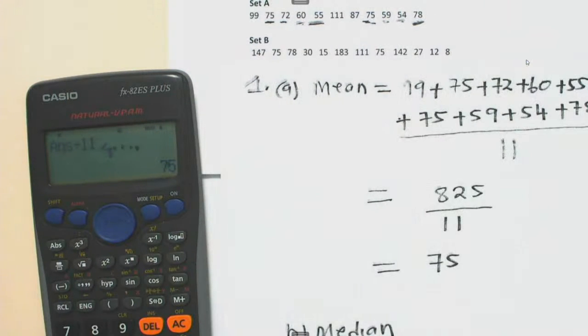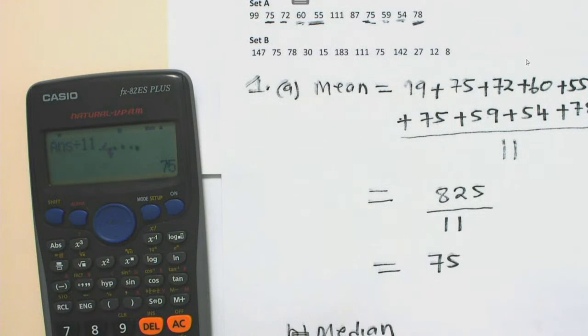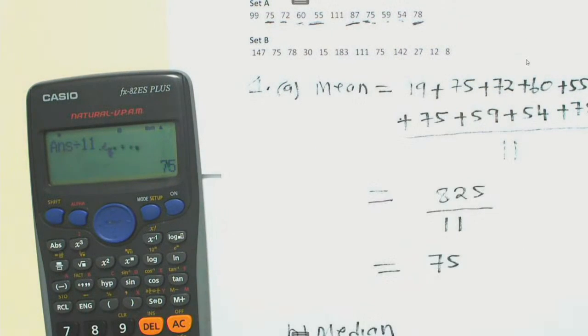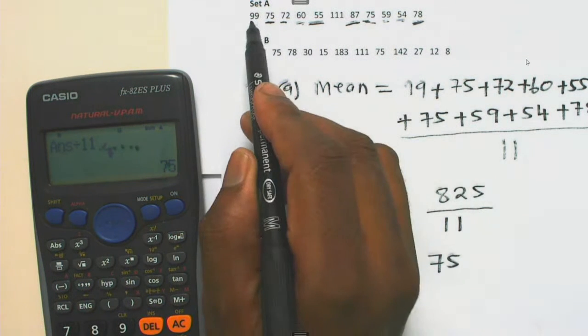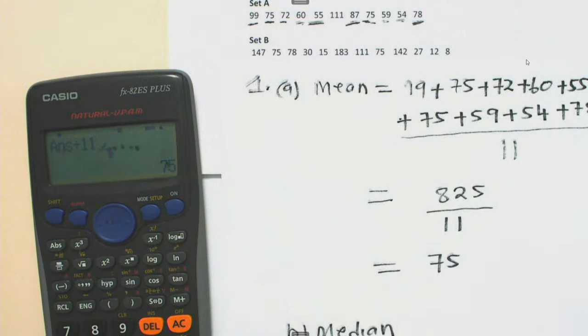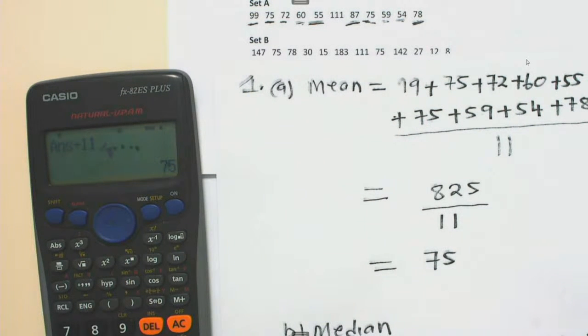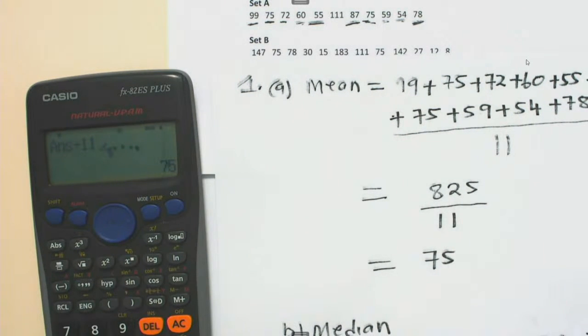After having 78, we are having 87. After 87, we'll be having 99. After 99, we'll be having 111, which is our biggest number.